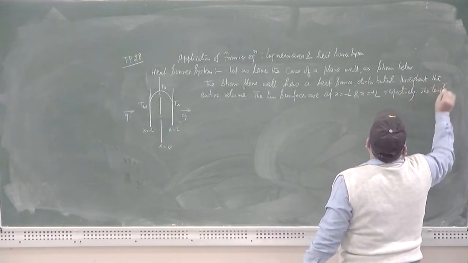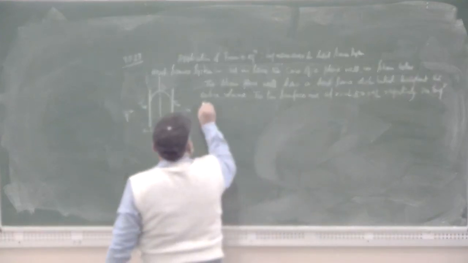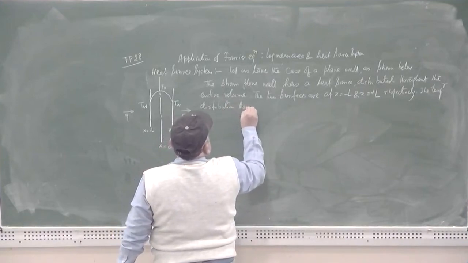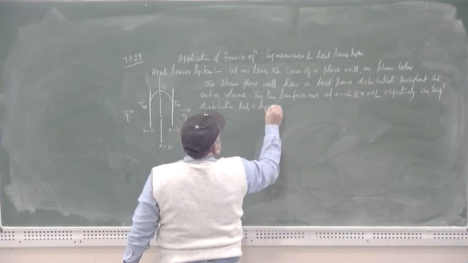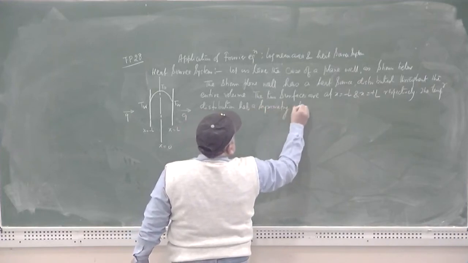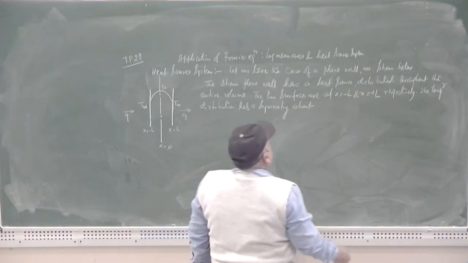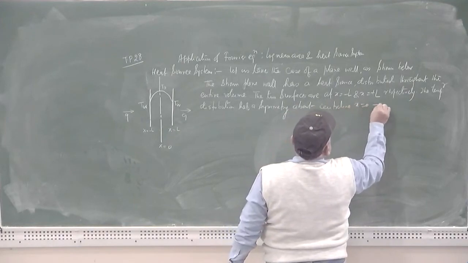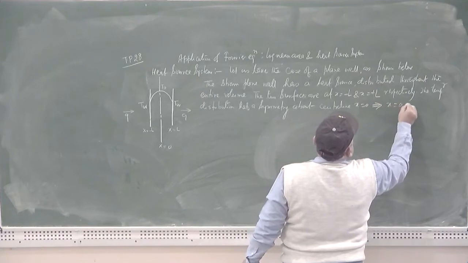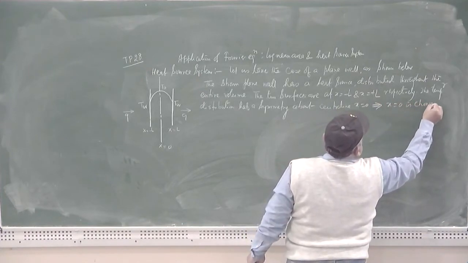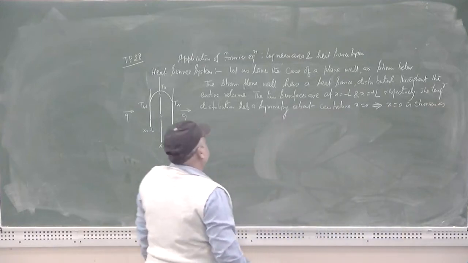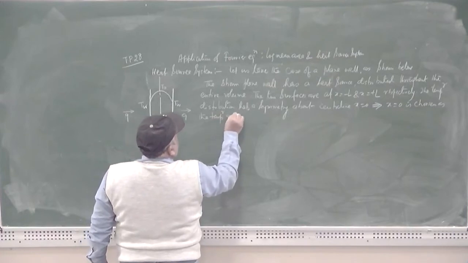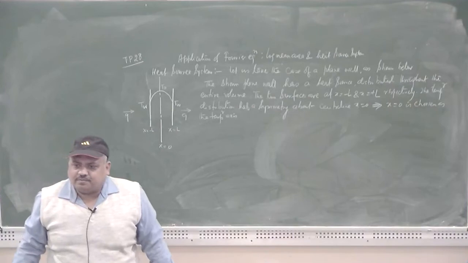The temperature distribution has a symmetry about the center line, x is equal to 0, hence x equal to 0 is chosen as the temperature axis. This is all about the formulation of the problem.